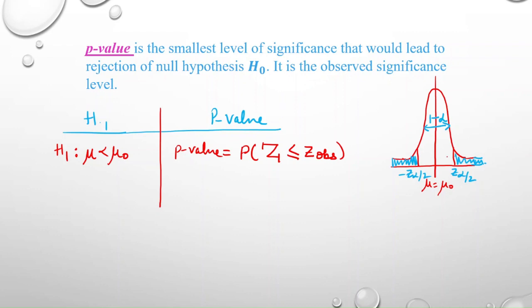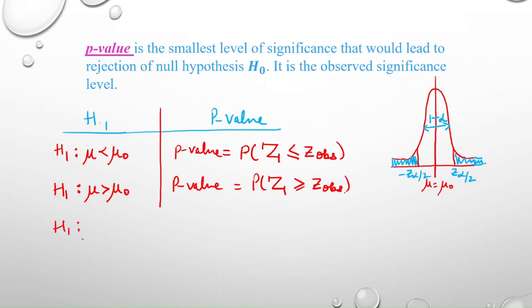I'll draw the diagram here. Let me first write down mu greater than mu naught: the p-value is P of z greater than or equal to z observed. And for H1 where mu is two-tailed, that is not equal to mu naught, the p-value is equal to twice the probability of z greater than or equal to mod of z observed.